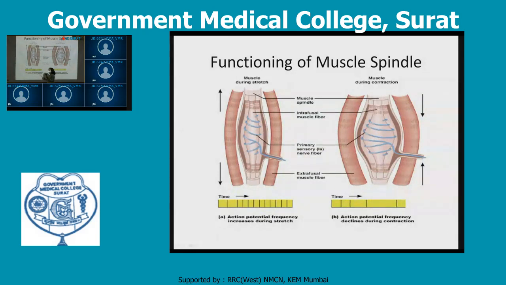So the descending tracts are controlling both alpha motor neurons as well as gamma motor neurons. And therefore, the other factors which affect the gamma motor discharge: one is anxiety. During anxiety, the gamma motor neuron discharge is increased.